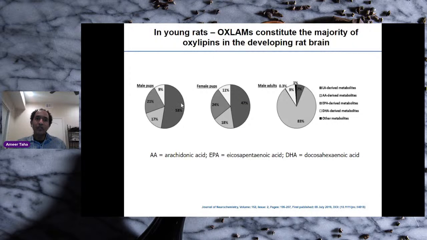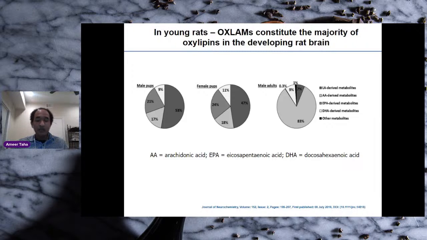So specifically the oxidized lipids coming from LA or linoleic acid. If you compare this to the adult brain, it has about 7% OXLAMs. So this is a huge difference. A developed brain has roughly 7 times less OXLAMs compared to a developing, baby brain.